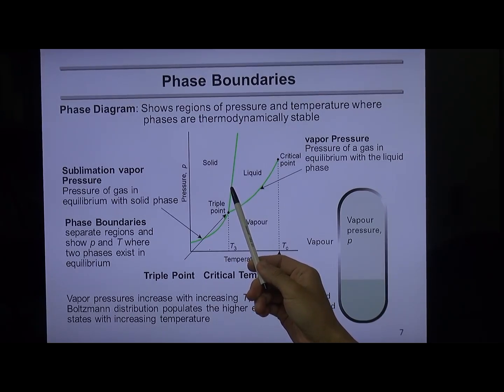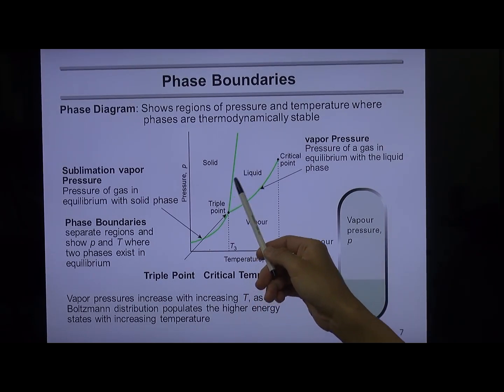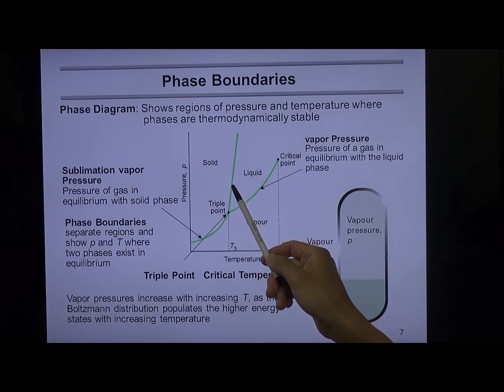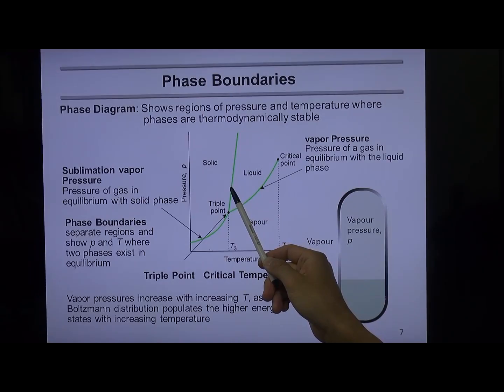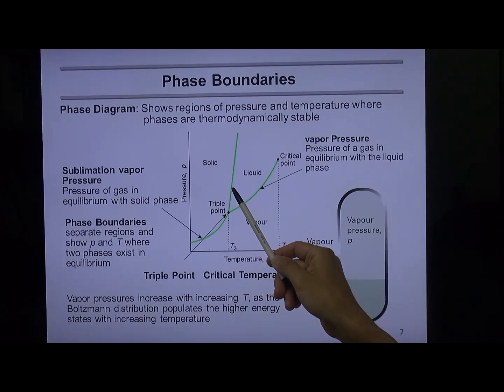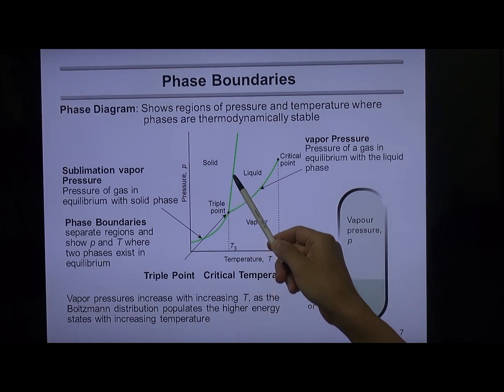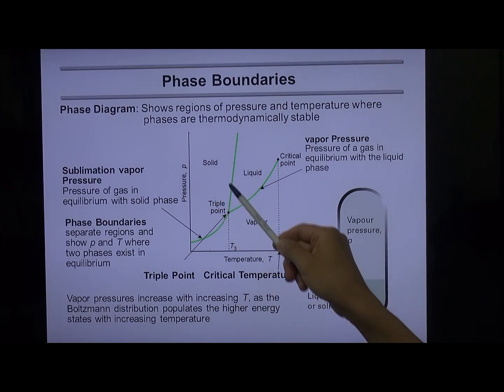And they should maintain equilibrium, solid and liquid, for example. On this line, can we change both temperature and pressure independently? That's not possible, right? If you try to increase the temperature without moving out of this line, it automatically increases the pressure, right?